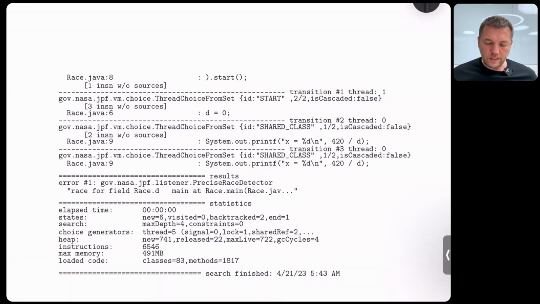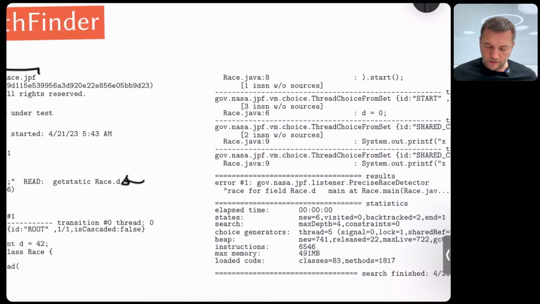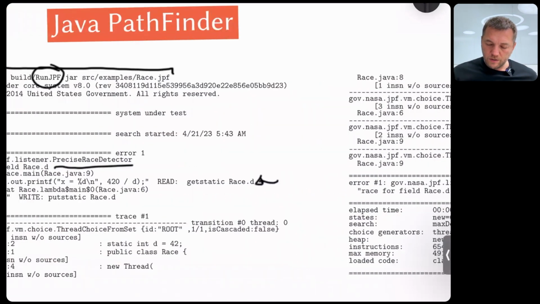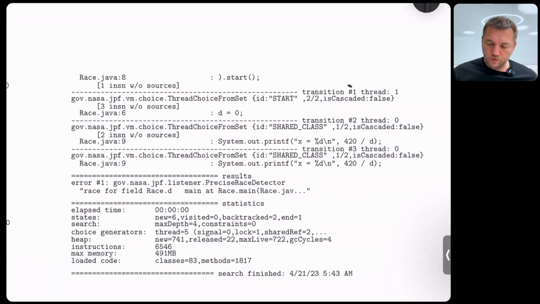From what I see, it complains, and it takes some time to decrypt the output, to understand what it says. But basically you see that it says transition 0, transition 1, transition 2, transition 3. So it found the way how the system transitioned to the state where the problem happened.